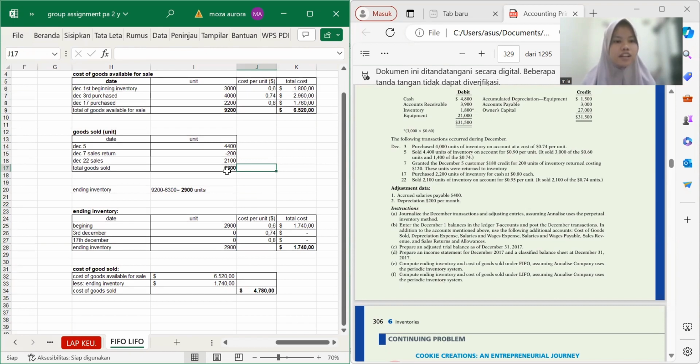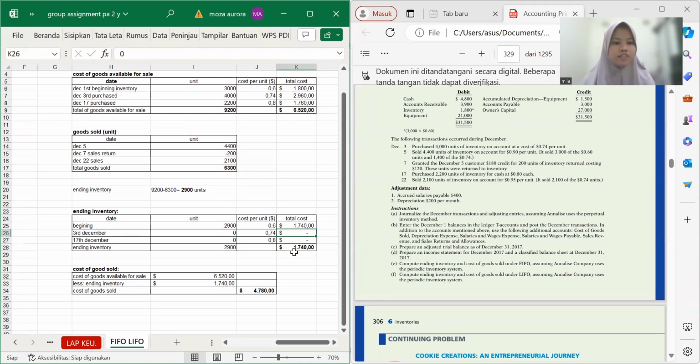So the ending inventory is 9,200 minus 6,300. So we get 2,900 units. So the ending inventory in beginning is 2,900, and the total cost is $1,740. And on 3 December and 7 December, the units are all sold, so the total cost is 0.